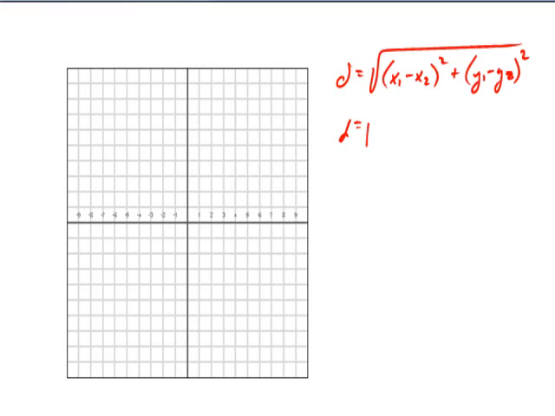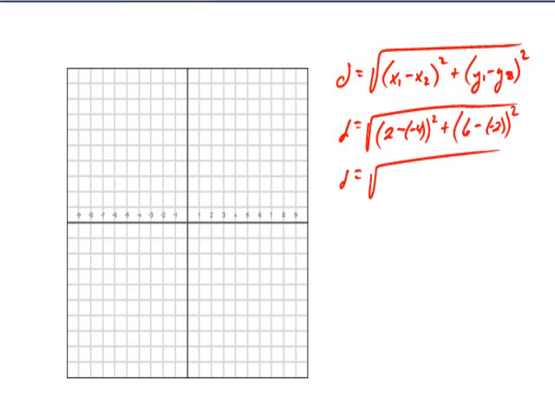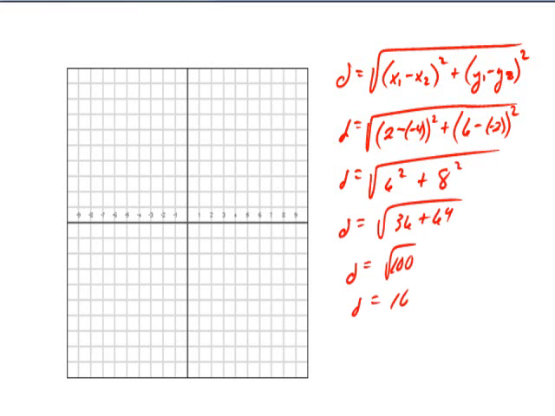In using my example, I could have 2 minus a -4 squared plus 6 minus a -2 quantity squared. I would have 6 squared plus 8 squared, or the square root of 36 plus 64, square root of 100, which is 10.